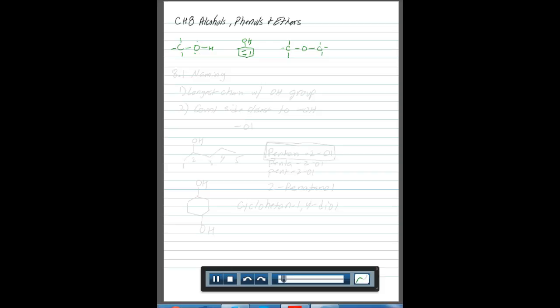First, we're going to talk about how to name alcohols, phenols, and ethers. We kind of slowly have talked about it, but let's get a little bit more formal about it. So alcohols, same thing. Look for your longest continuous chain that includes the OH group.